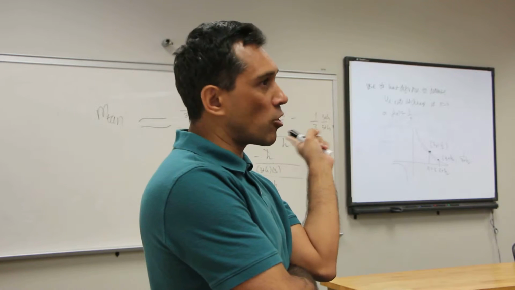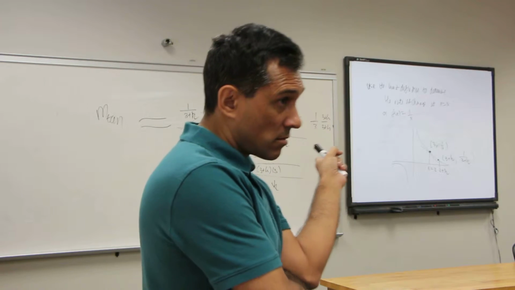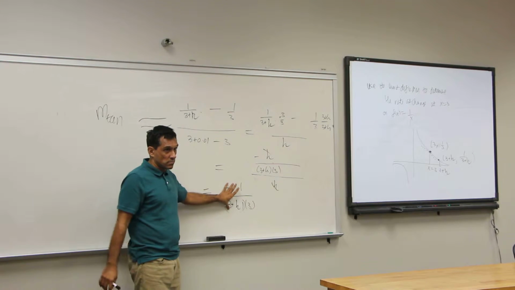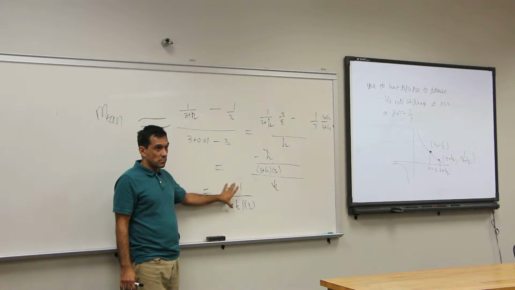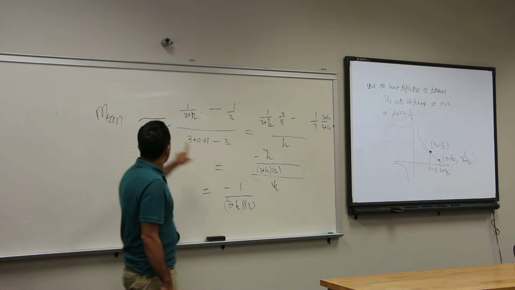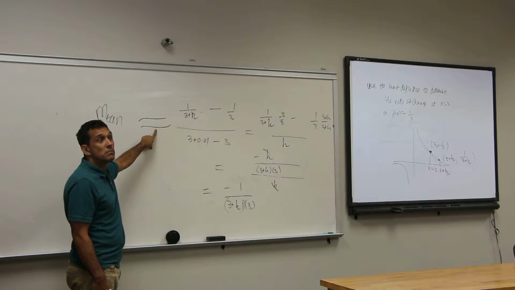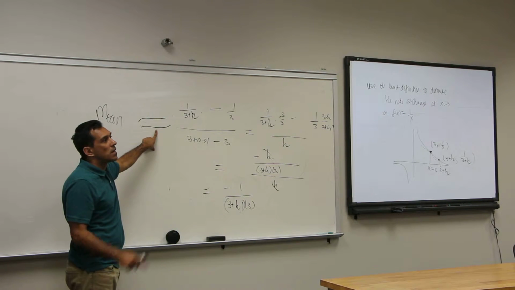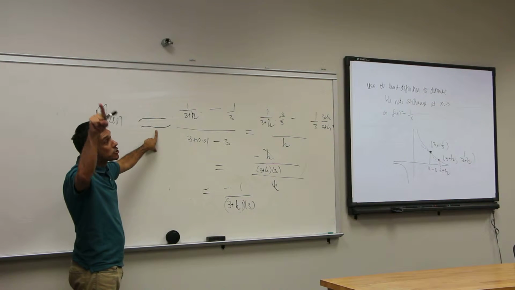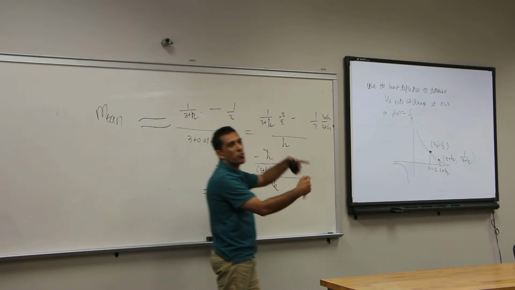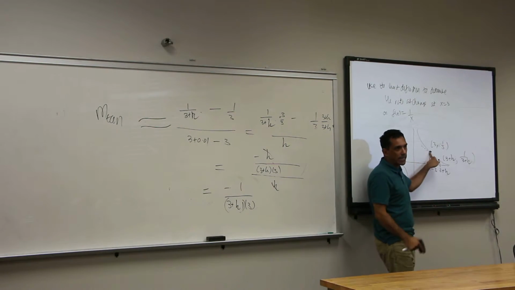So that number is not negative 1/9. How do I make this an equal sign? Limit and let h go to 0. And that's how we get another point on the tangent line.